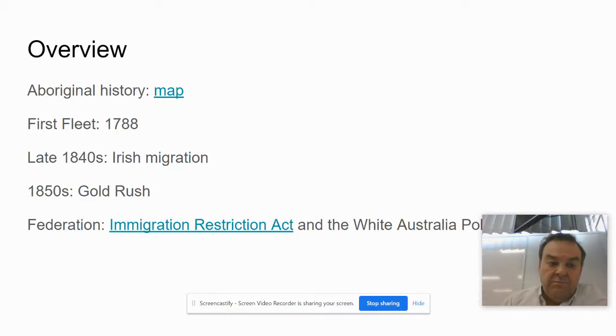There's a big push here in the late 1840s with the Irish migration to Australia. From 1845 to 1850, there's what they call the potato blight or the Great Famine in Ireland.